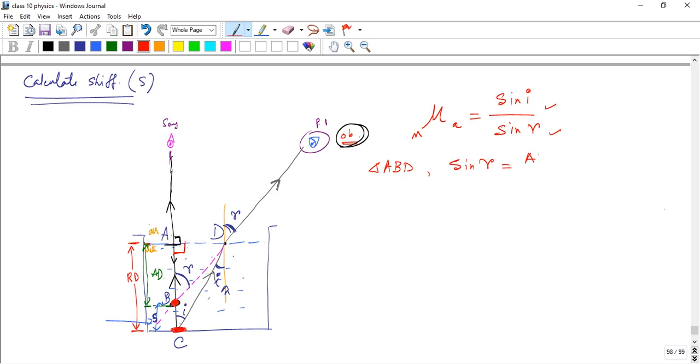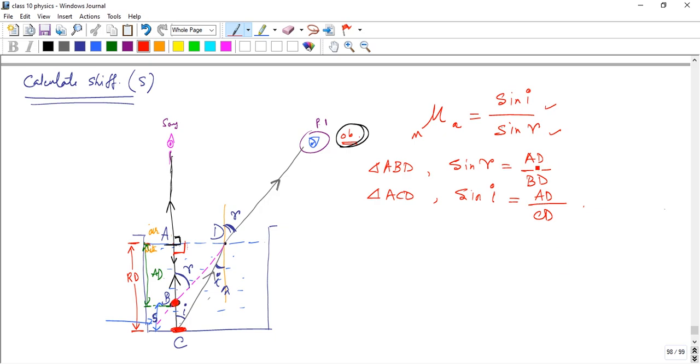So AD by BD. And similarly the triangle ADC, sine I, that is also AD perpendicular, angle A 90 degree, so AD by CD hypotenuse.